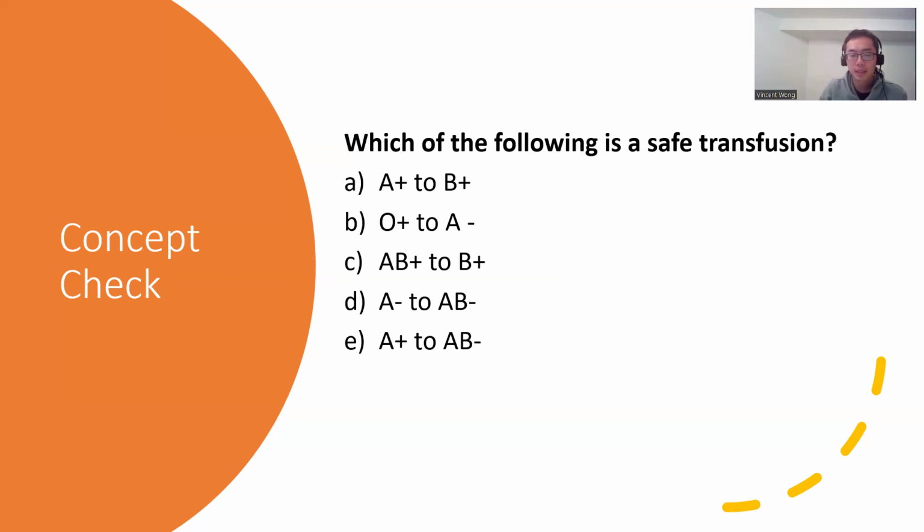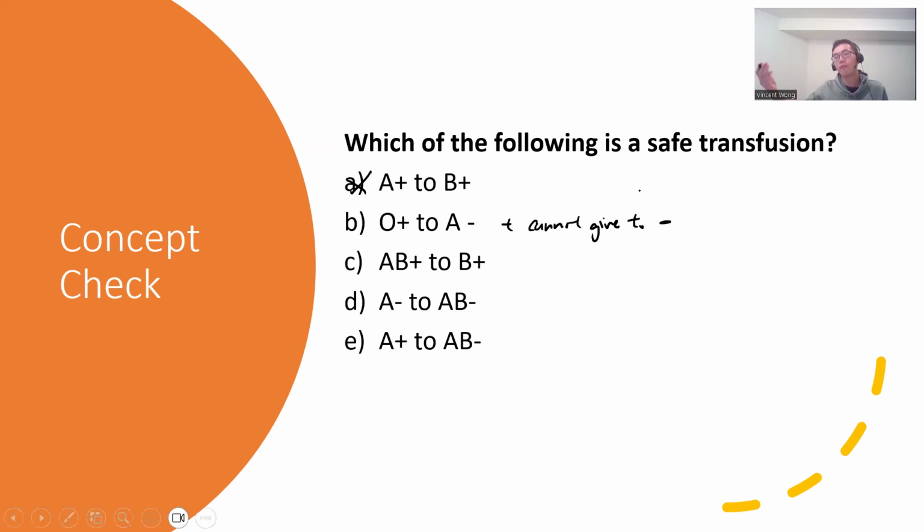All right, let's take a look. A positive to B positive, nobody chose that one, so that's good. That one's not safe. A cannot be given to B, so that's not safe. B, O can be given to A. That's great. But then we also have to check the Rh. Positive cannot be given to negative, right? Positive cannot give to negative.